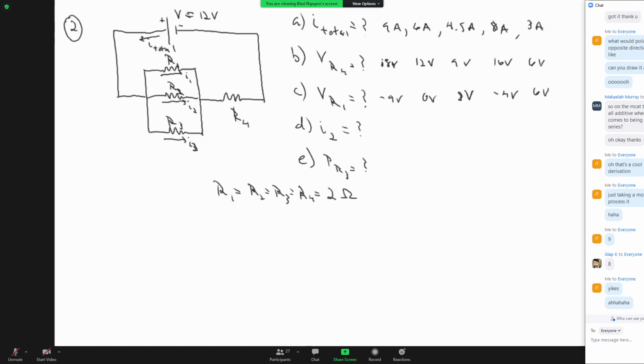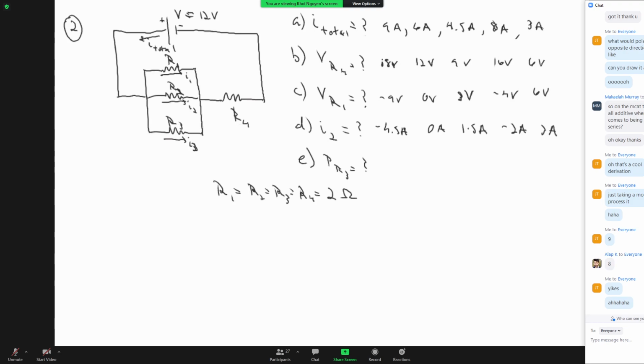Current across there. Those voltages divided by 2: negative 4.5 amps, 0 amps, 1.5 amps, negative 2 amps, and 3 amps.